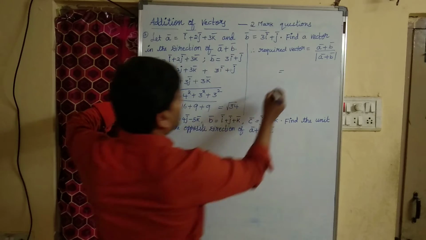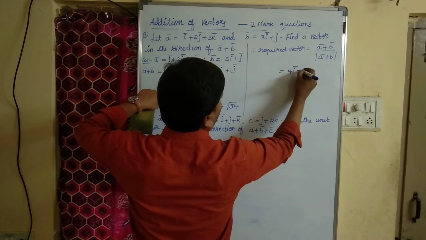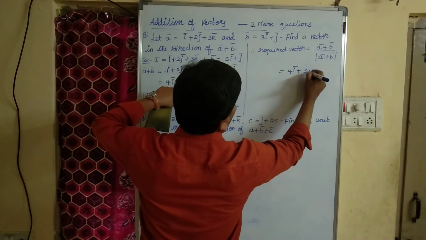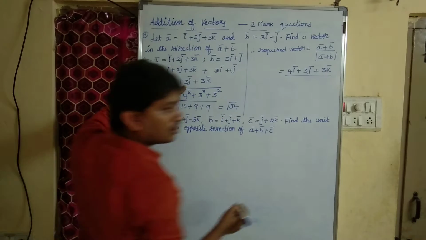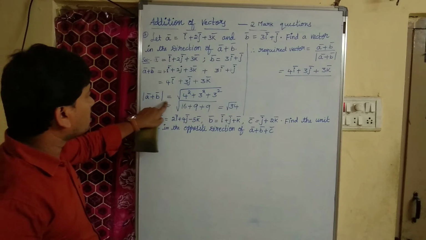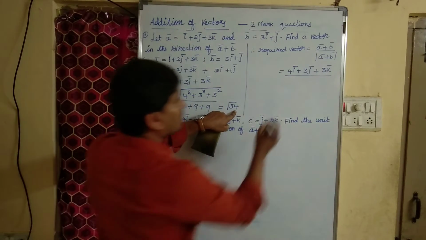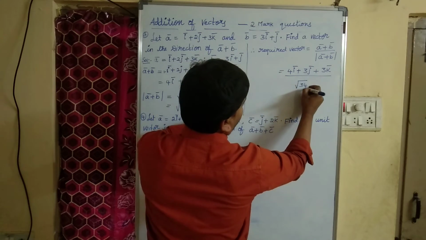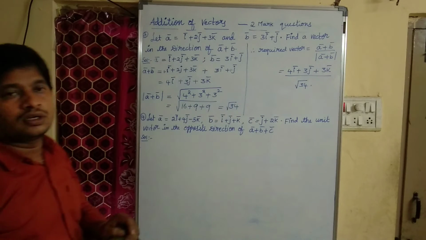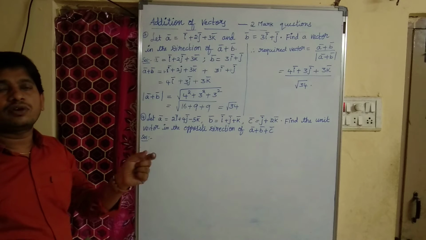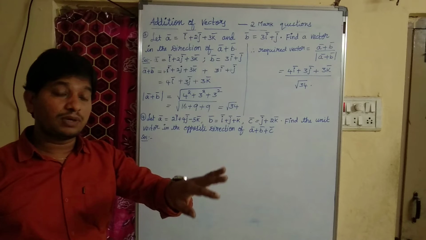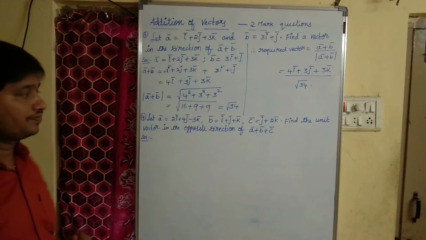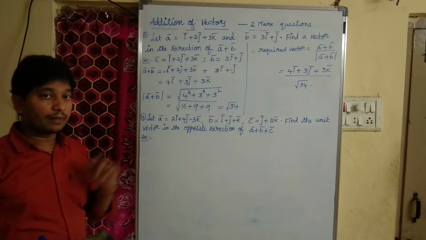A bar plus B bar is 4I bar plus 3J bar plus 3K bar by, what is modulo of A bar plus B bar? Modulo of A bar plus B bar is root over 34. Right? Did you understand, children? Nothing but here we have to find first of all A bar plus B bar. Then A bar plus B bar by modulo of A bar plus B bar. Right? Now coming to fourth question.